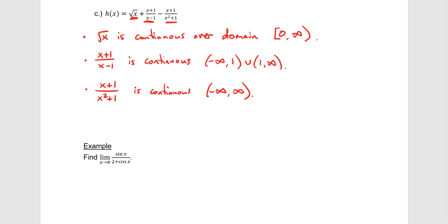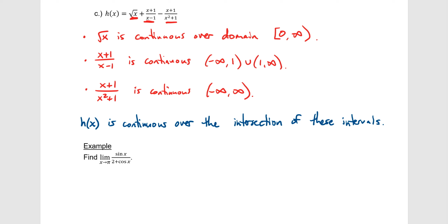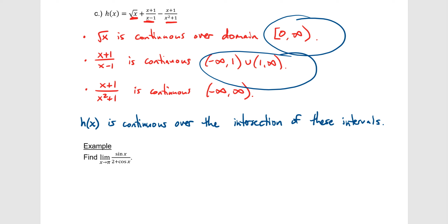So what we're going to say now, the hard part here, is how do we put this all together? We're going to say that h of x is going to be continuous over the intersection of these intervals. Intersection is the interval that is common to all of them. We don't have to worry about this last one because it's negative infinity to infinity. So we have to think, where do these intervals overlap? We have 0 to infinity, and then negative infinity to 1, and 1 to infinity.